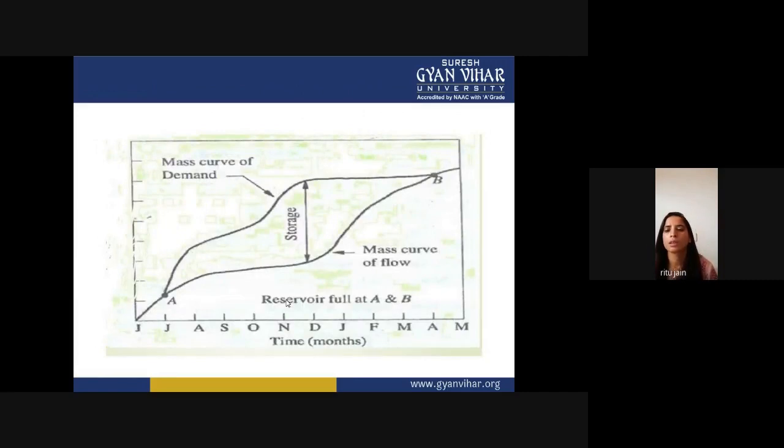In this diagram, you can see the reservoir full at A and B. This is your mass curve of demand and this is your mass curve of flow. How much flow you are getting and how much demand is required. So you need this much storage for your reservoir. So this is your mass curve.